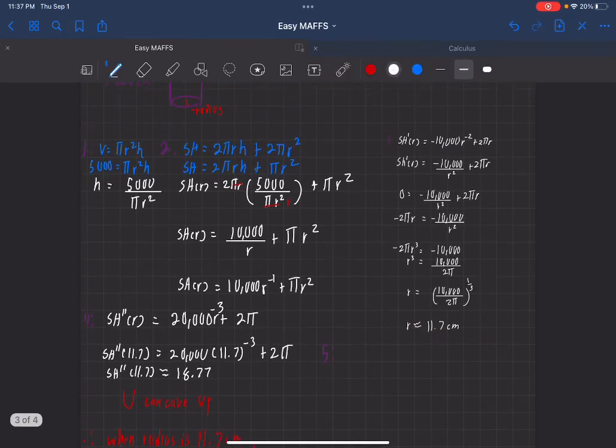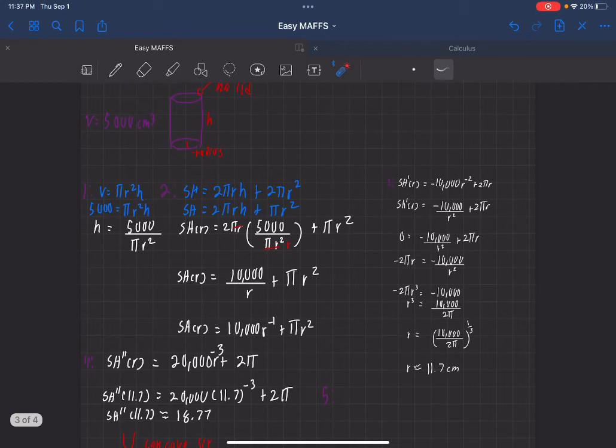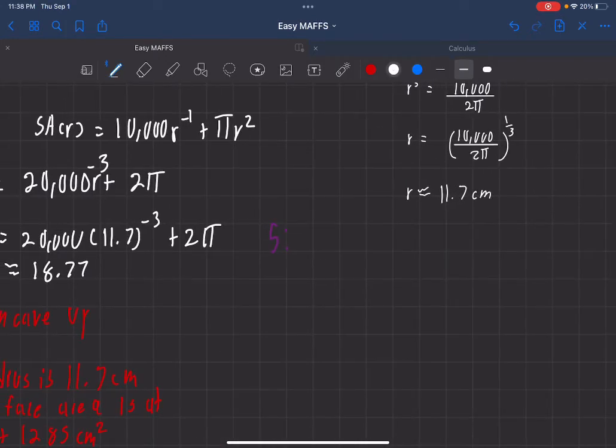So what was our other dimension? Well, in the beginning of the video, I labeled our 2 dimensions, so height and radius. And how are we going to find our height? Well, if you remember, we had an equation for height. Height is equal to 5,000 over pi r squared. So our height, and we could write this as a function of r, is equal to 5,000 over pi r squared.